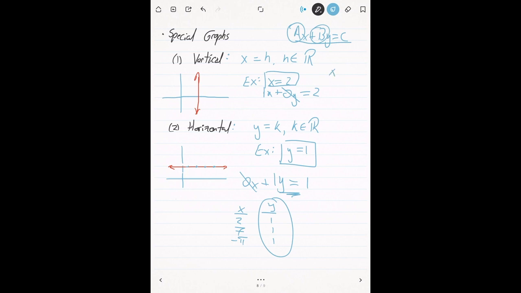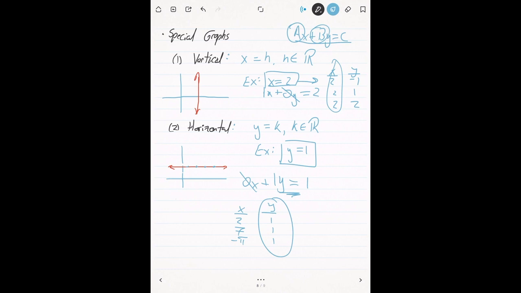In this case, you have x is equal to 2. If you made a table of values for this, what could you plug in for x and what could you plug in for y? Well, this says x always has to be 2. But you can plug basically anything you want in for y. It will just always cancel out. So we can plug in negative 1, 1, 2, 15, 27, negative pi, negative square root 2 divided by 100, whatever, okay? In any case, we have the same thing for x every time here.